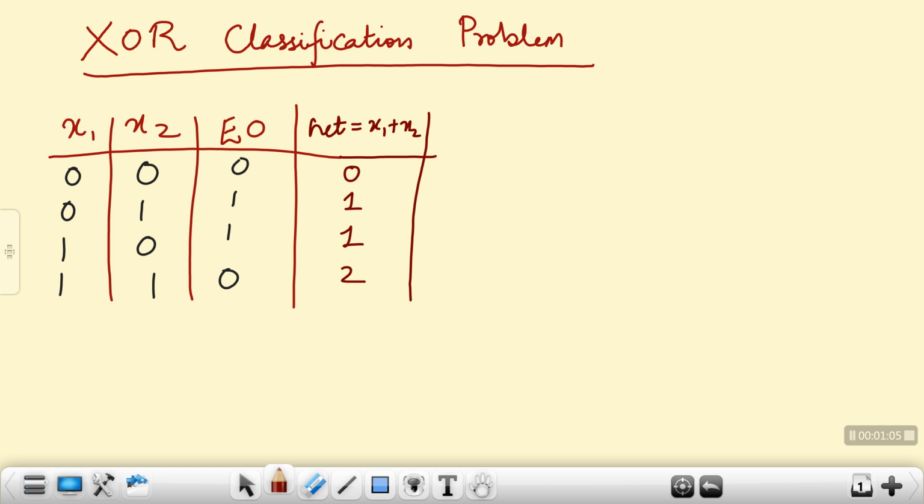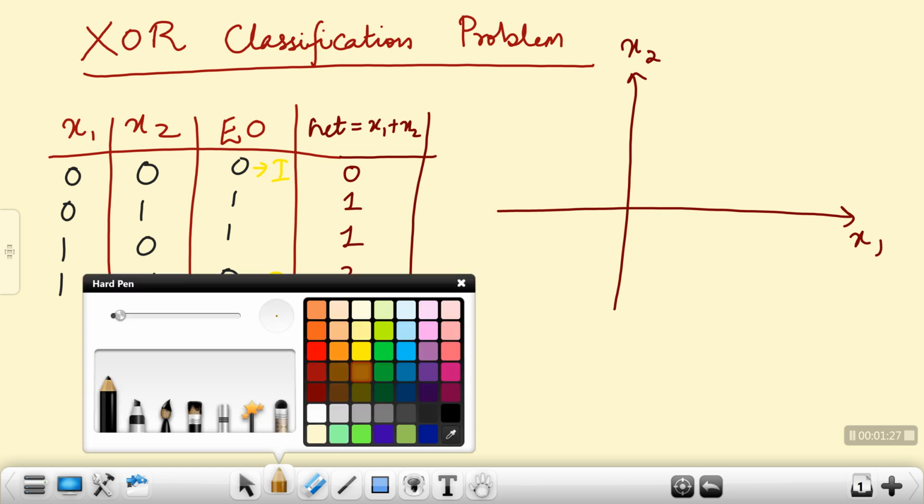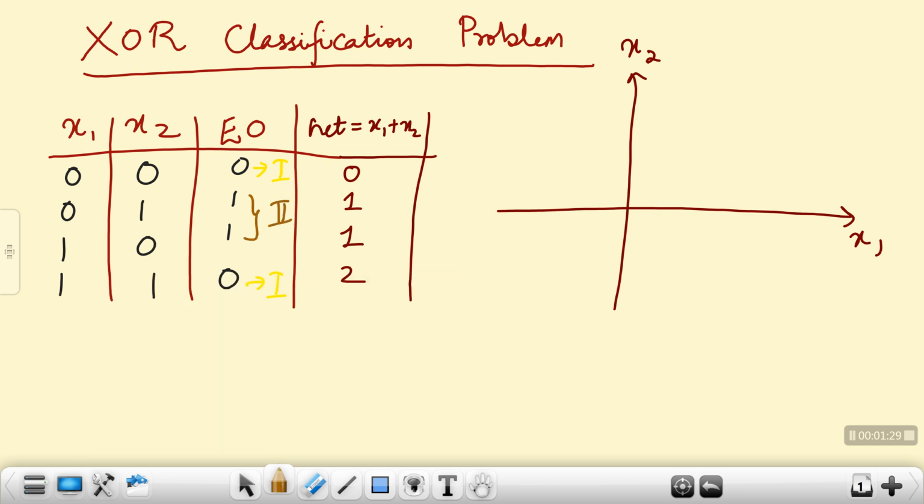If I show this on the x1, x2 plane, this is x1 and this is x2. Two classes are present: the 0 output belongs to class 1 and the 1 output belongs to class 2. Two-class classification problems, such as the AND gate and OR gate, can be solved by using a single neuron.